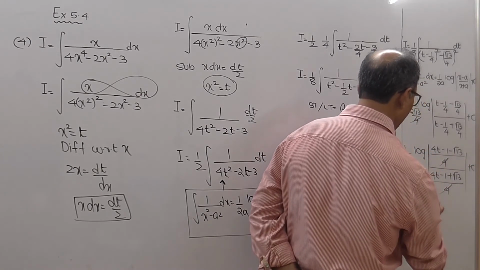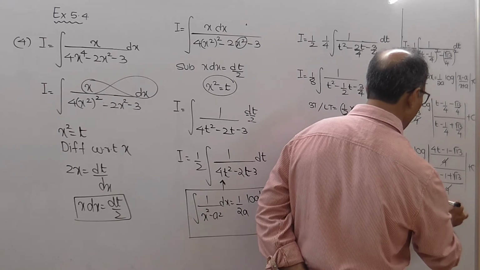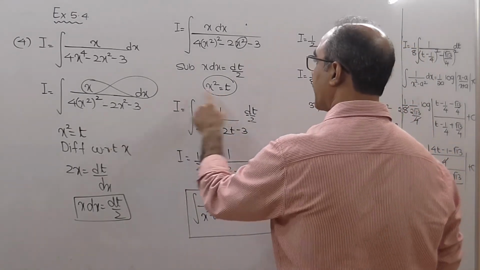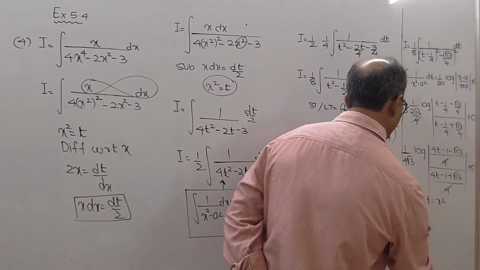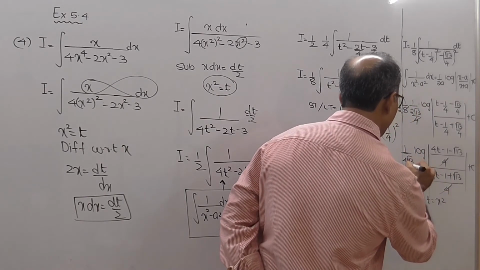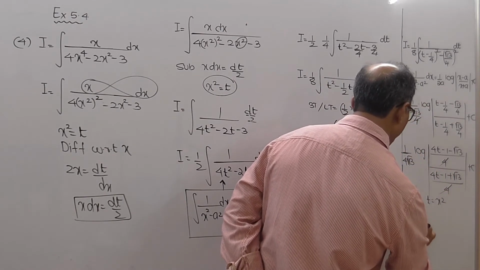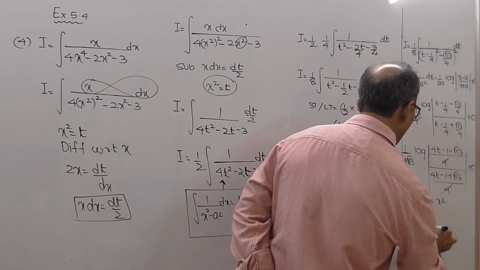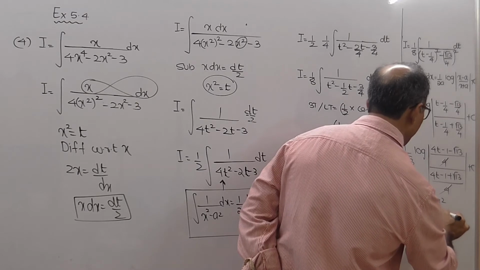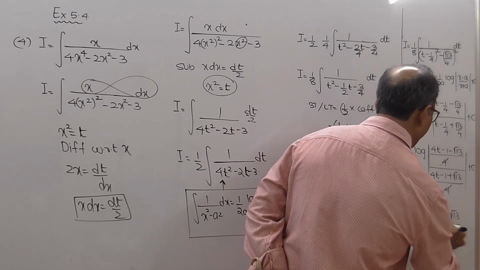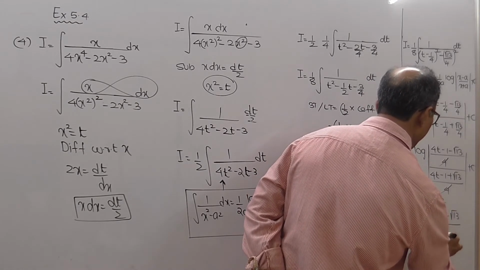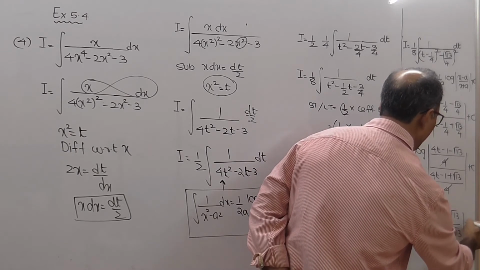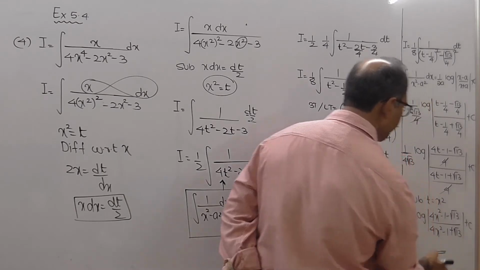Cancel it, and then you substitute t equal to x square, because originally your assumption was x square is t. So I think the answer is 1 upon 4 root 3 log modulus 4x square minus 1 minus root 3 upon 4x square minus 1 plus root 3 modulus close plus c.